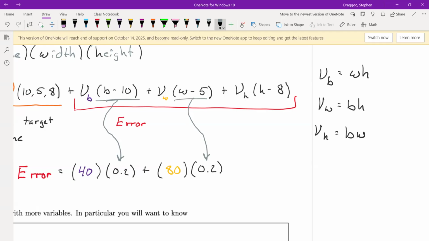So whatever width I end up getting, which will have some little bit of error in it, the difference between it and 5, which is my target value, will be at most 0.2 centimeters. So I'm plugging in 0.2 for that W minus 5. And I'm going to do the same thing for the H minus 8 in a second, just in case you were getting antsy.